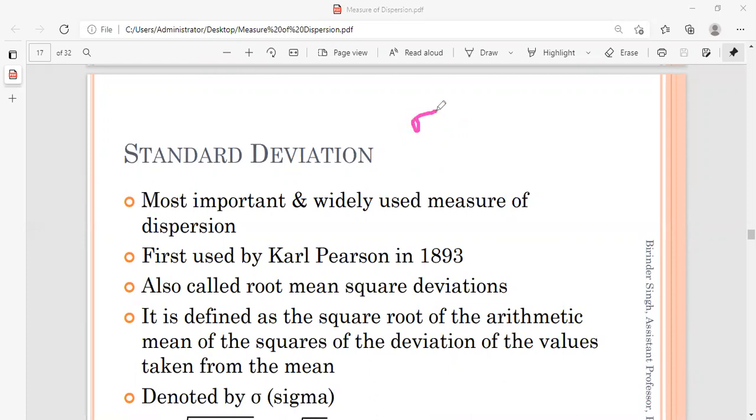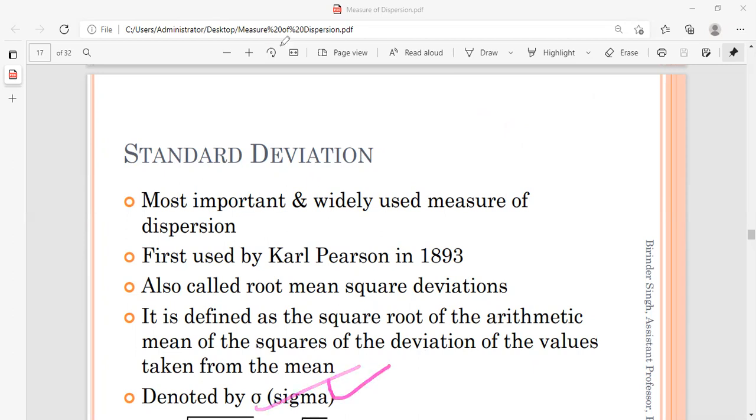So you have to be very clear about the use of these two symbols: sigma, population standard deviation; small s, sample standard deviation. It is defined as the square root of the arithmetic mean of the squares of the deviations of the values taken from the mean, and denoted by sigma.